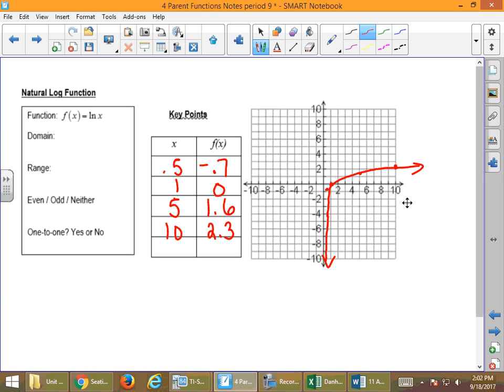So the nice part is, when we look up above at the logarithmic function, our domain and range are going to be the same. We're limited on the domain. We can only go from 0 to infinity, both of them having parentheses, because we're never going to touch the y-axis. But our range, our y values, we're not going to be limited on those. It's going to be from negative infinity to infinity.